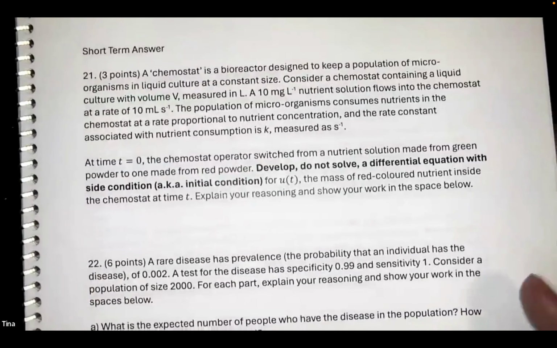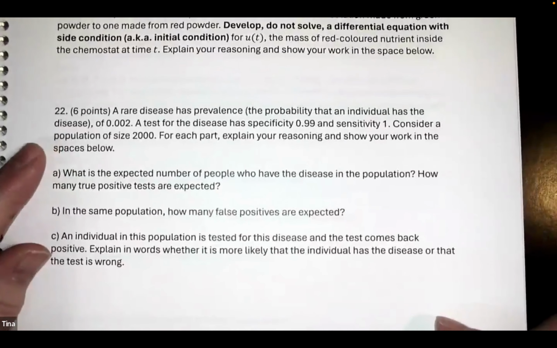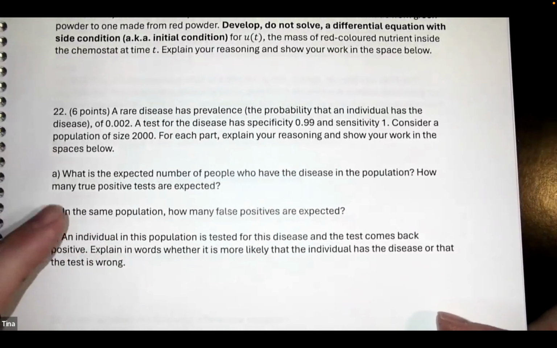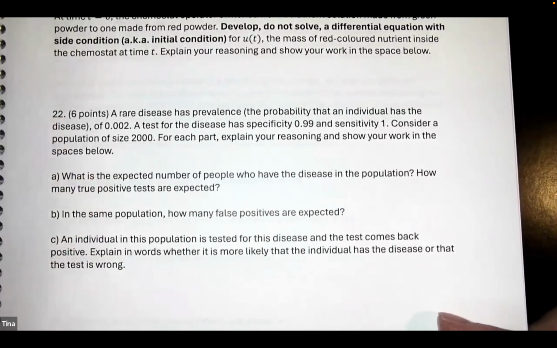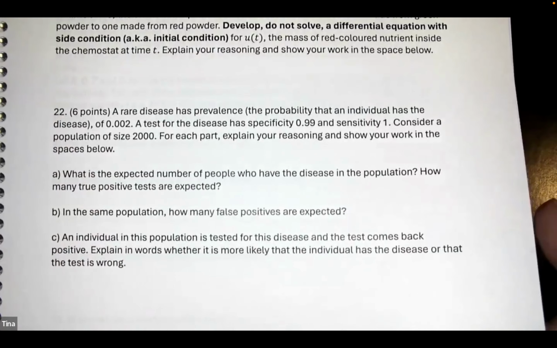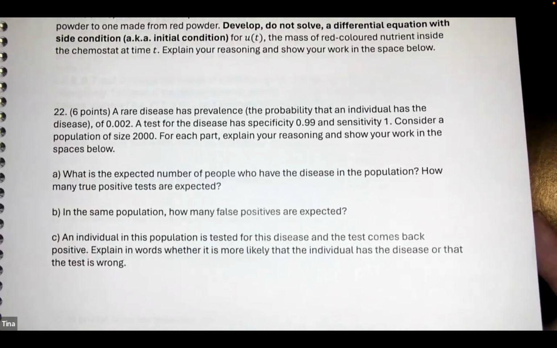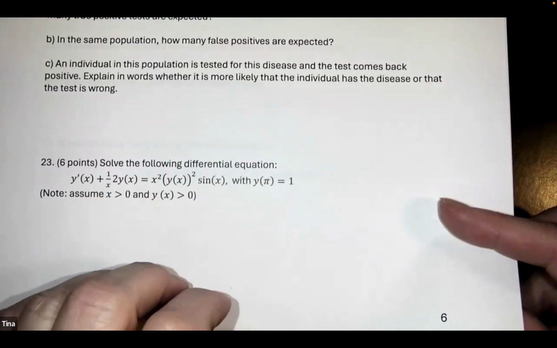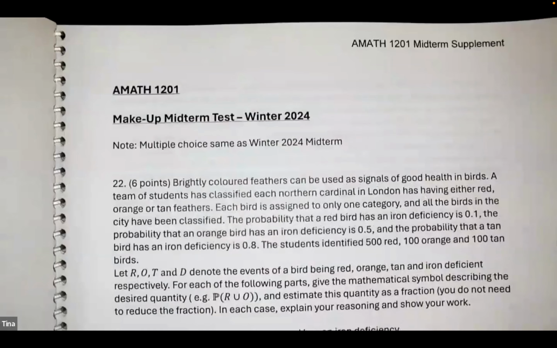But last year, their hardest question was this one, about a rare disease. I know you don't have to know sensitivity and specificity, but you might want to practice that one or make a note of it for the final, because it really caused a lot of issues. They had a Bernoulli, which was pretty straightforward. Their Bernoulli wasn't crazy by any means.